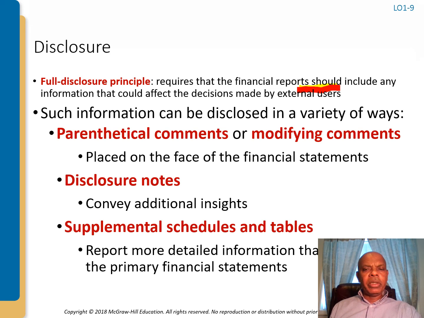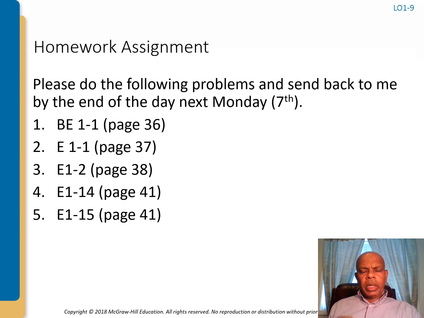They have to provide additional supplemental schedules or tables showing that information. Then the reader can get a very good understanding of what's going on. Okay, I ran a little fast, but we discussed what is important in this chapter.